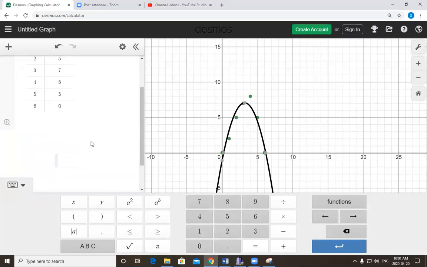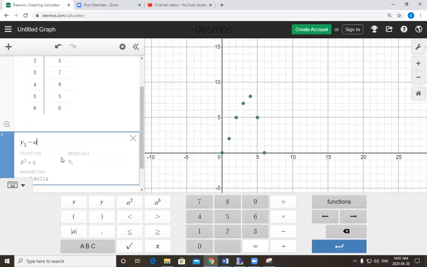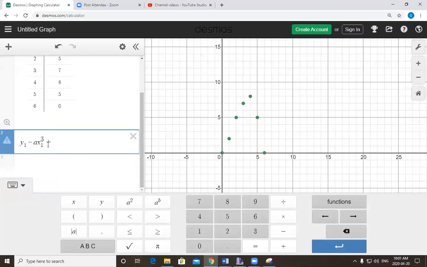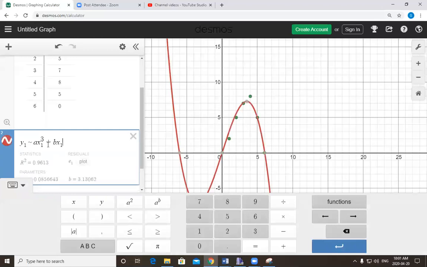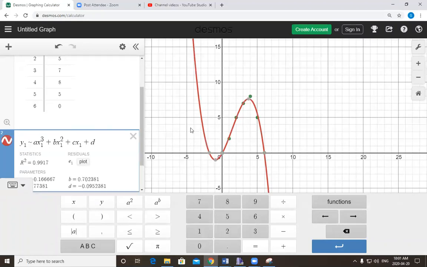So there must be a better model. So y1 tilde ax1 cubed plus bx1 squared plus cx1 plus d. And now we get a model that's 99% accurate.